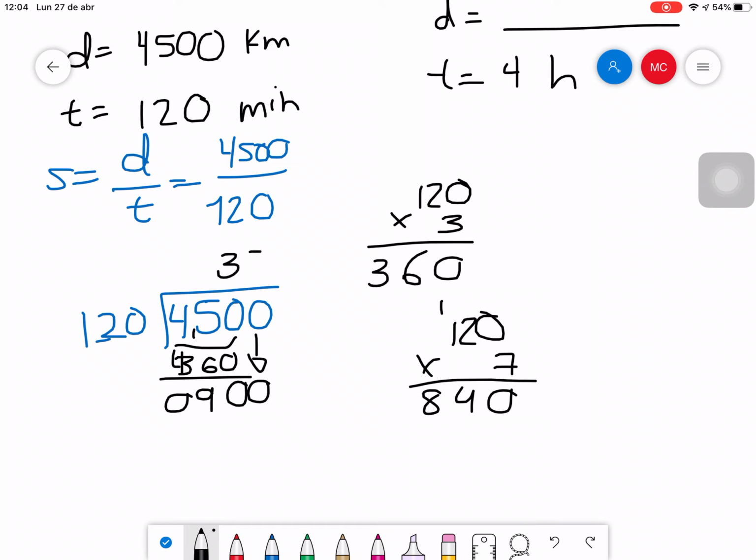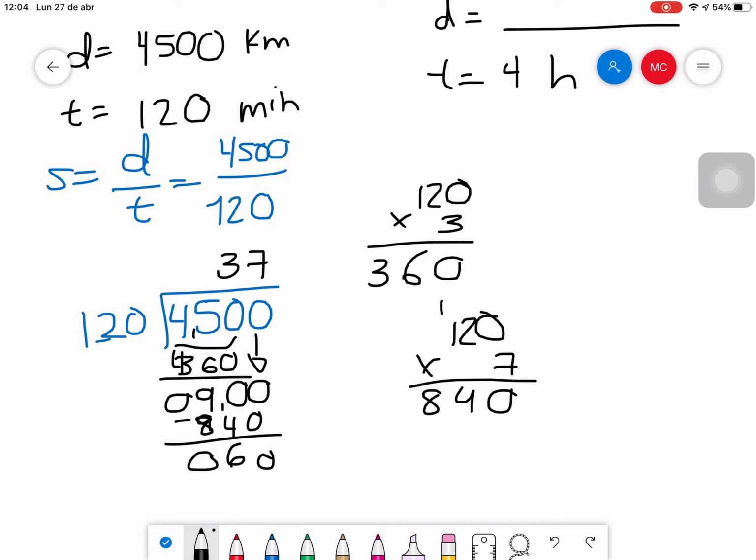So it fits 7 times, and I am left, it was 840. And then I subtract, I made it a 10. 10 minus 4 is 6. I give it back, it is a 9 now. 9 minus 9 is 0.